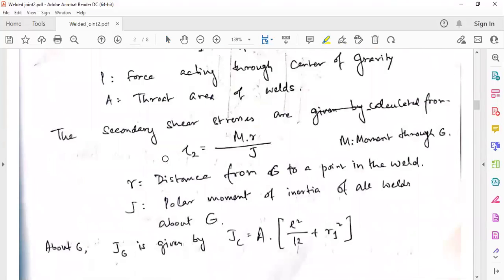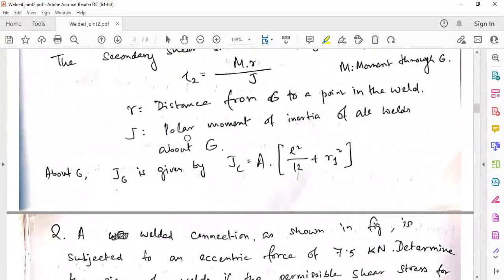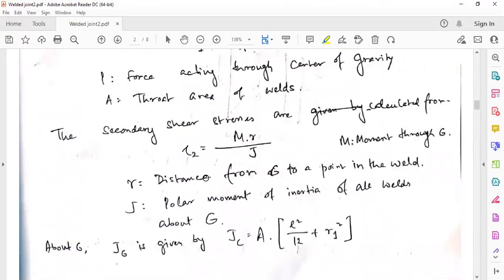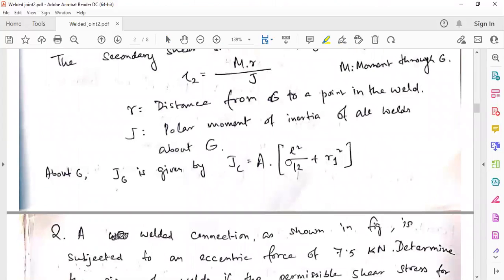So here you see the polar moment of inertia of the whole weld part about G. We have to find out the rotation of this welding part about G. For that, a little bit of derivation will give you this. So this is G, not C, sorry.